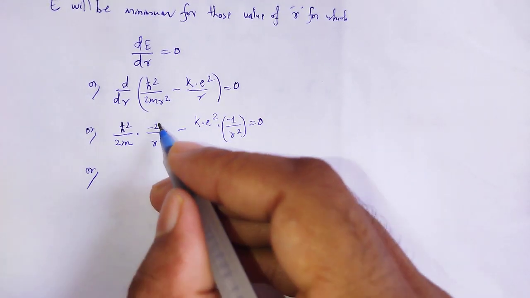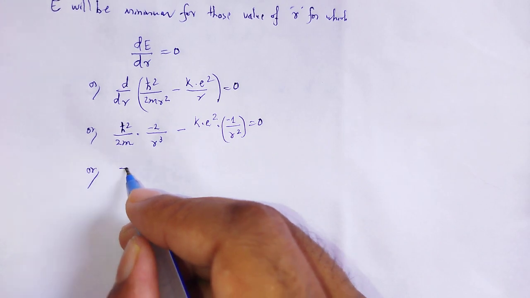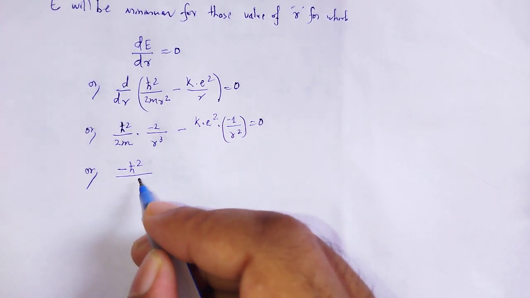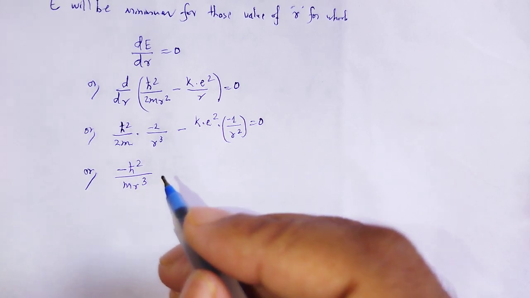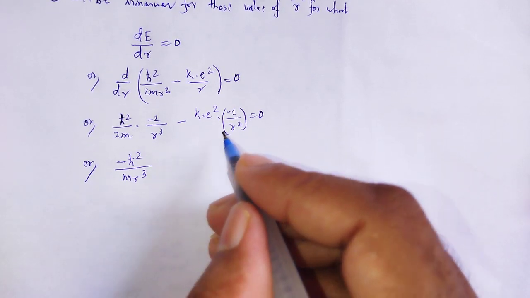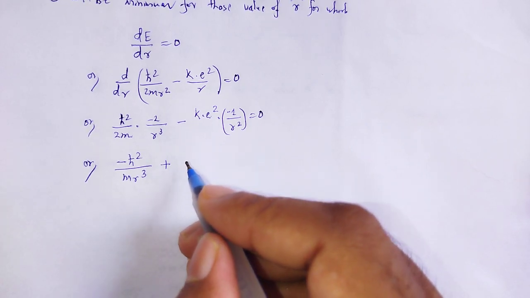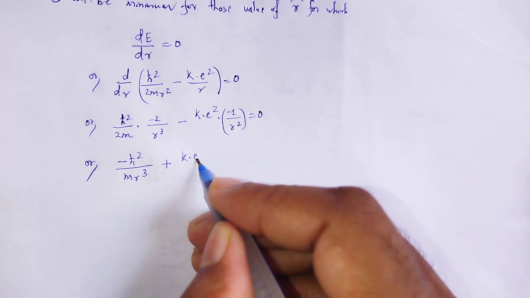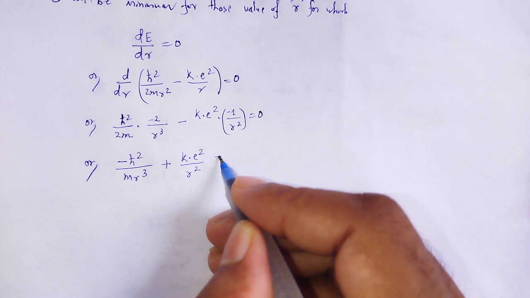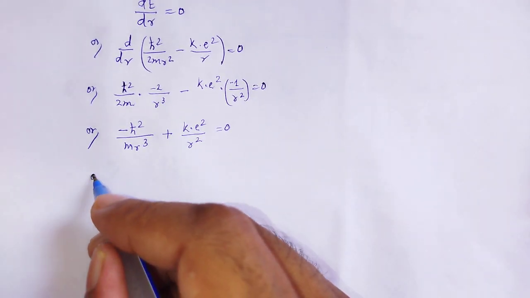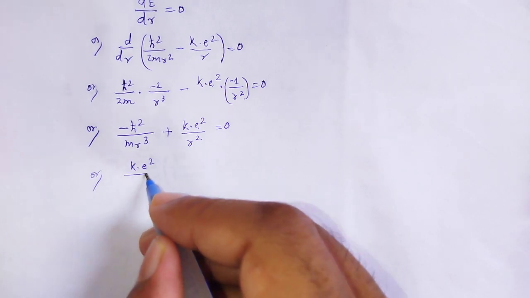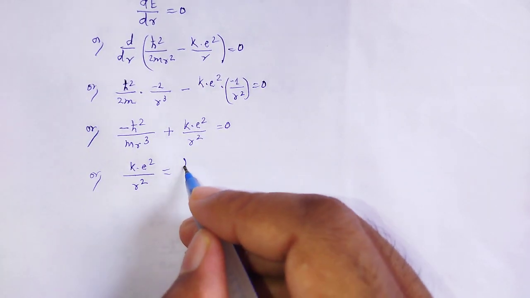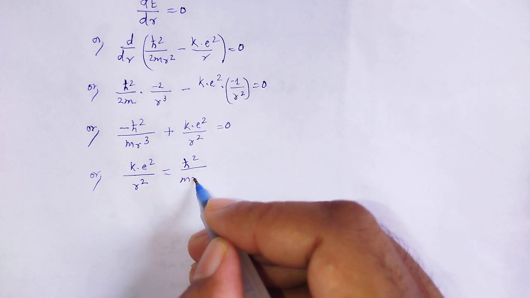The 2 cancels out: minus h cut square divided by m r cube plus k e square divided by r square is equal to 0. Taking that term to this side, k e square divided by r square is equal to h cut square divided by m r cube.